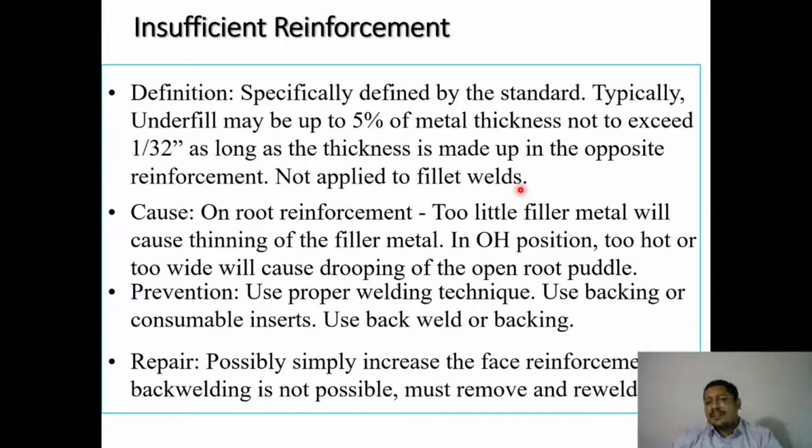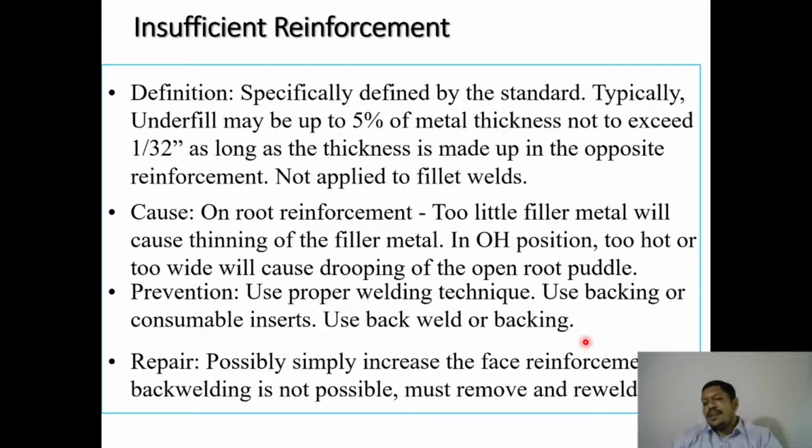If you provide excess or insufficient reinforcement, then rather than the failure happening in the heat affected zone, the material will definitely fail in the welded zone itself. The cause of poor root reinforcement is too little filler material, which causes thinning of the filler metal. For prevention, use proper welding techniques, use backing or consumable inserts, and use back welds or backings to support.